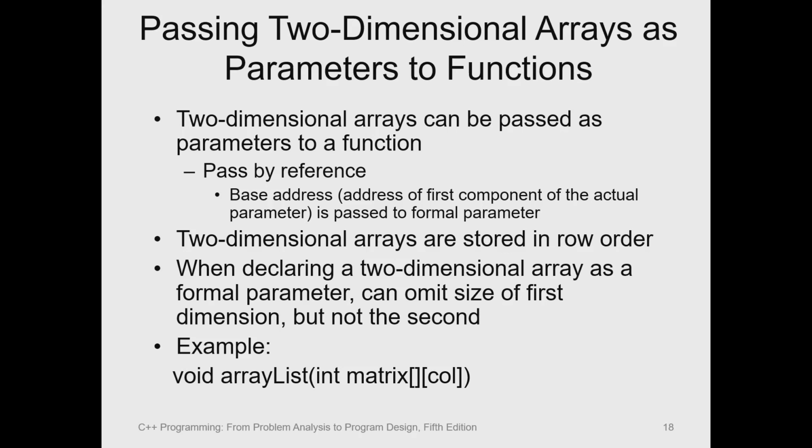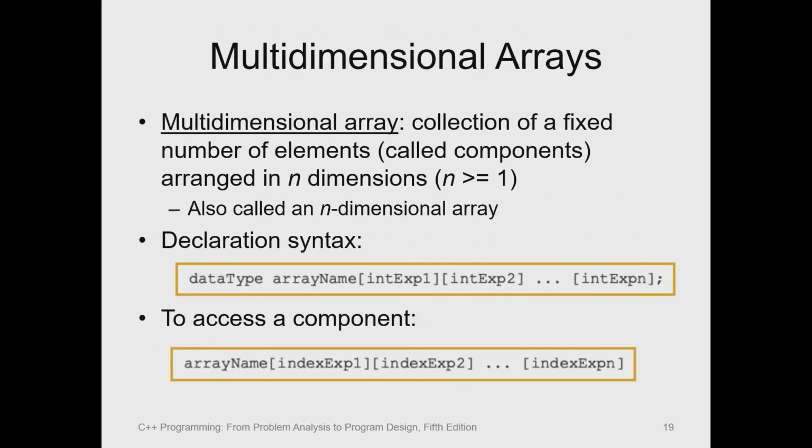If that is three-dimensional, we have three subscripts. Usually, the first subscript is assigned 0, the second subscript is 0 again, and the third subscript is also 0. So we can also have 001, 002, 003, 004, or 010, 011, 012, 013, and so on and so forth.